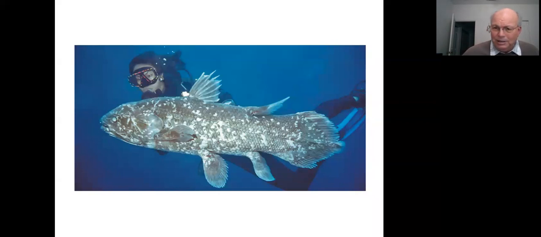And subsequently, he was able to see a living coelacanth very briefly before it died, because one was captured. He offered a reward for a living coelacanth. One was captured. Unfortunately, it did not survive the process and it died. But it confirmed that there were living coelacanths around. And now we recognize that there are two species of coelacanths.